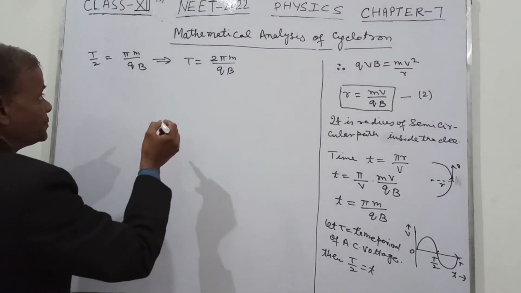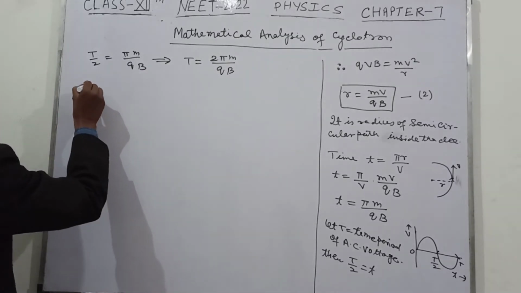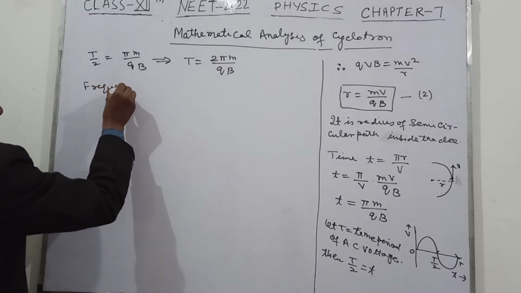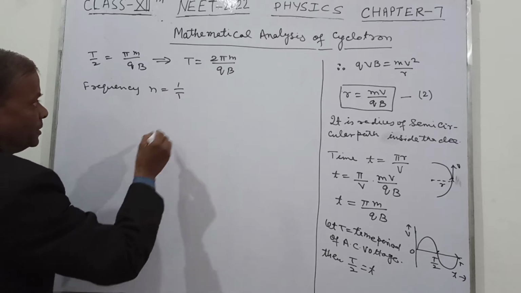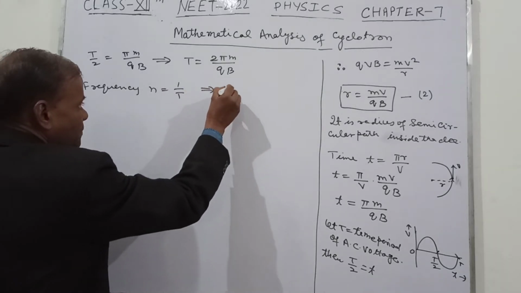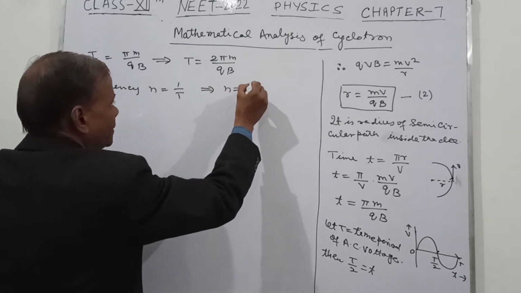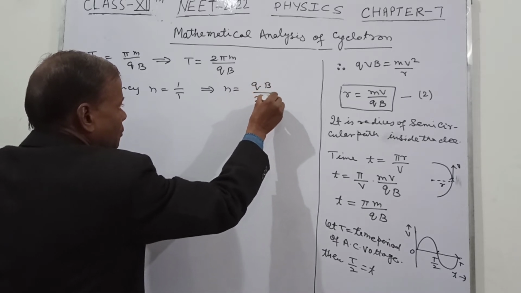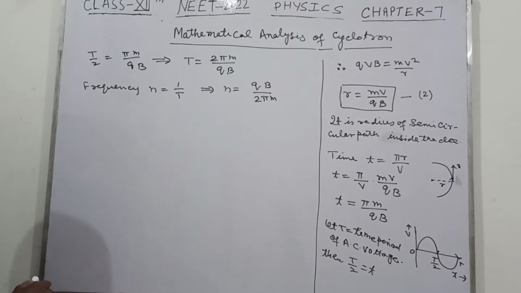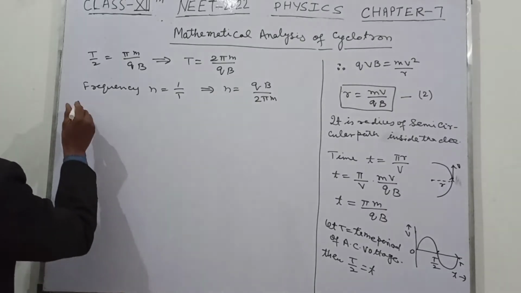So how much is the frequency? Frequency n equal to 1 upon T. So this gives n equal to QB upon 2 pi m. Therefore, what is the cyclotron frequency?